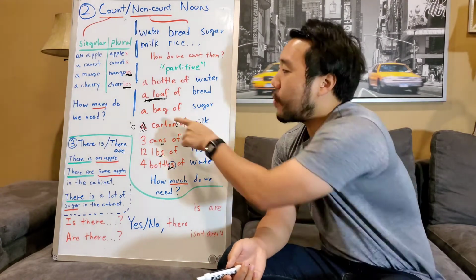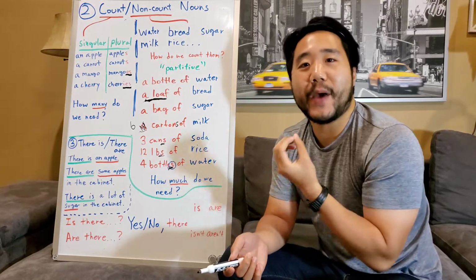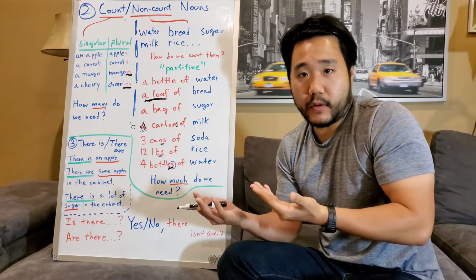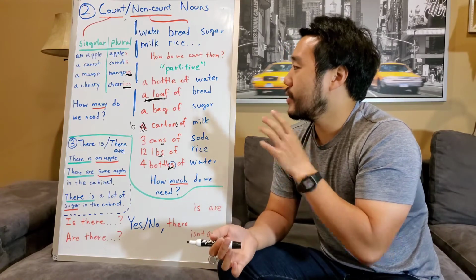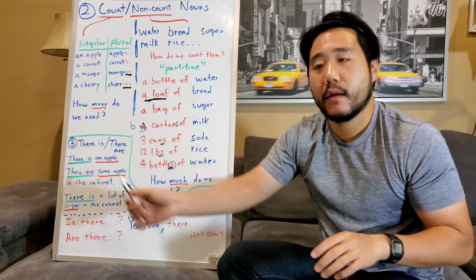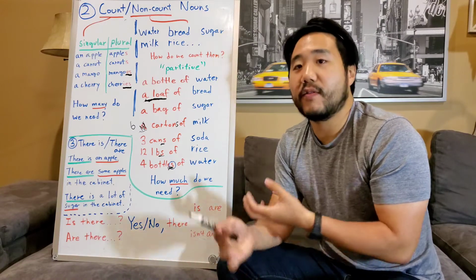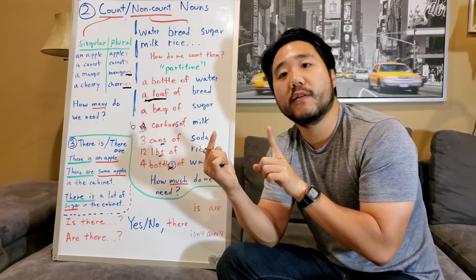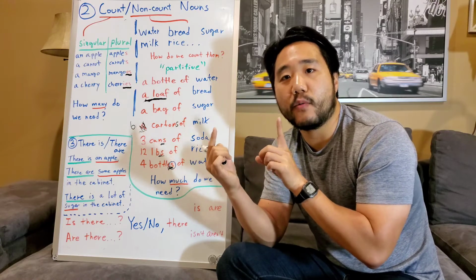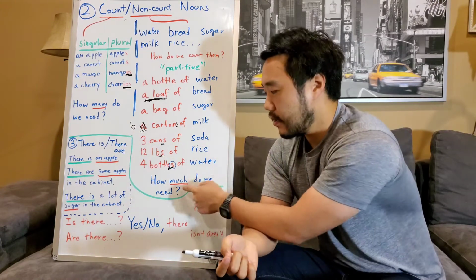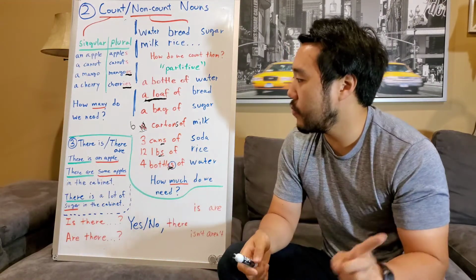But if I use a partitive, like how many bags do we need? Bags are something that we can count, right? So that's when we use how many. But if I just say, how much rice do we need? I didn't use any partitive, and I just said rice, a non-count noun. Then we have to say much. That's the difference. I hope you remember that.